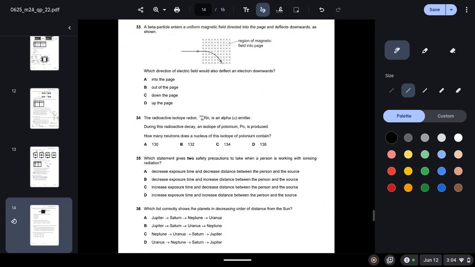A beta particle enters a uniform magnetic field directed into the page and deflects downwards as shown. Which direction of electric field will also deflect an electron downwards? So here you will have to use the left hand rule.